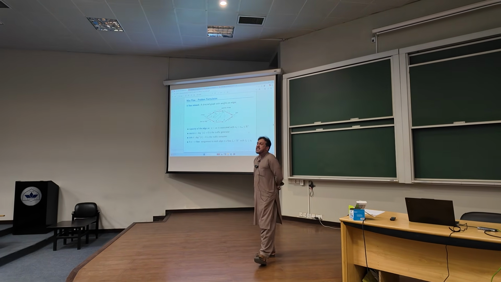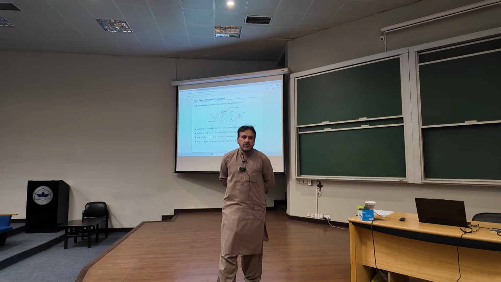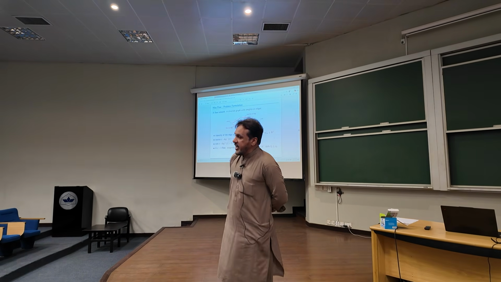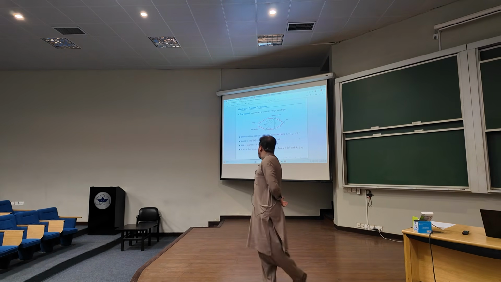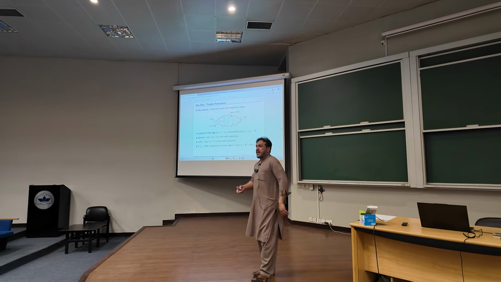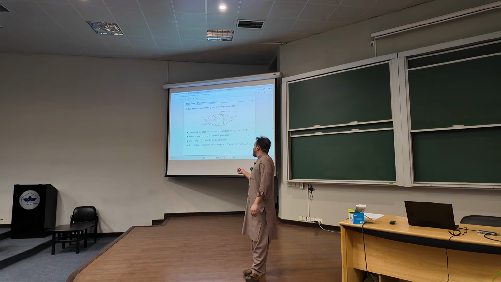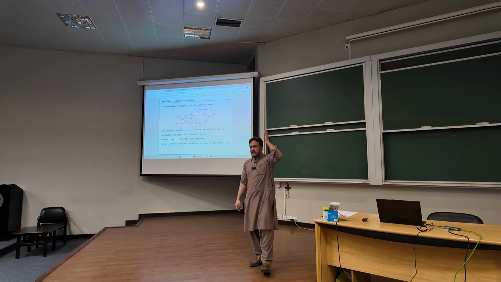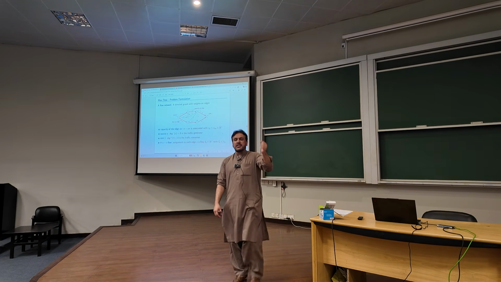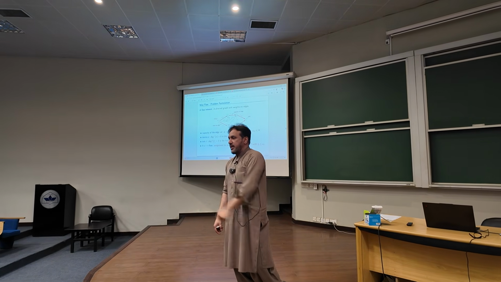So an ST flow is an assignment to each edge. What is the number of units of flow going through each edge? That is called the flow, right? So a flow is a function from the edge set to the real numbers. Remember, a function gives every element in the domain exactly one element of the codomain, right?